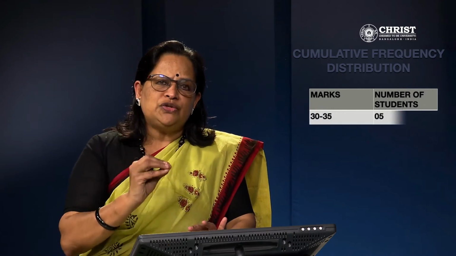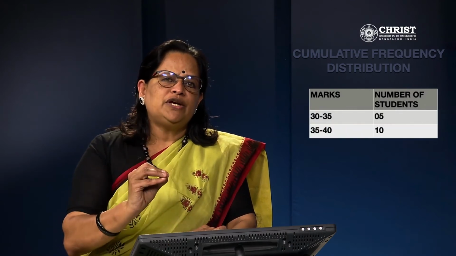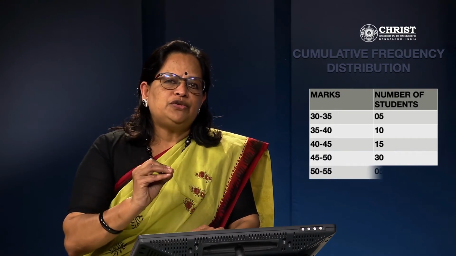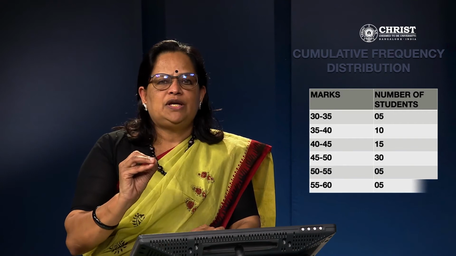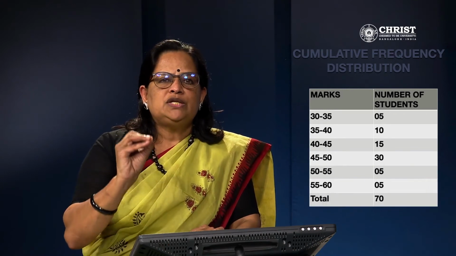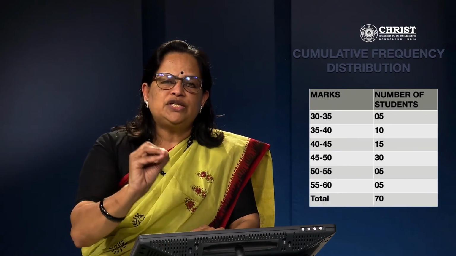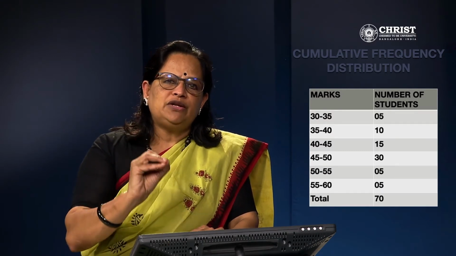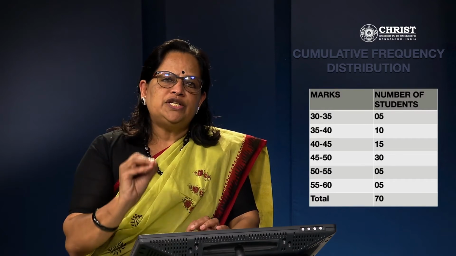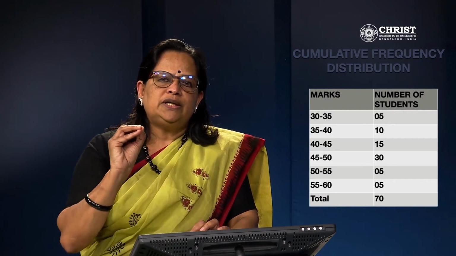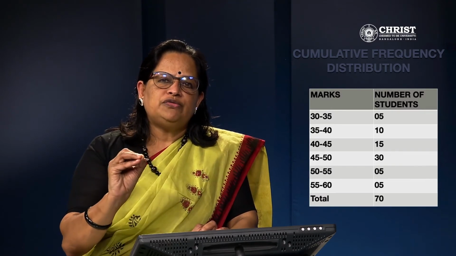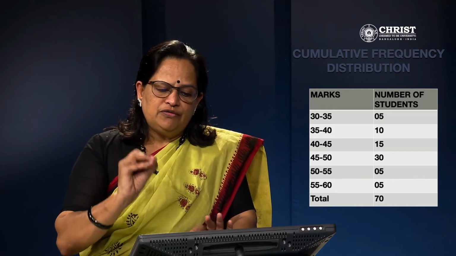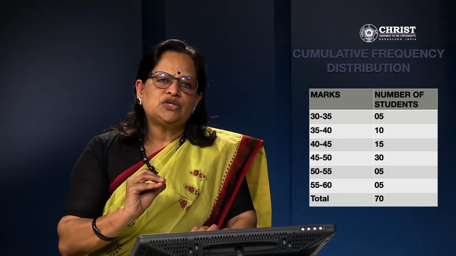The marks of students: 30 to 35, 35 to 40, 40 to 45, 45 to 50, 50 to 55 and 55 to 60, and total frequency is 70. 5 students got between 30 to 35, 10 students between 35 to 40, 15 students between 40 to 45, 30 students between 45 to 50, and 5 students between 50 to 55, and 5 students got 55 to 60.